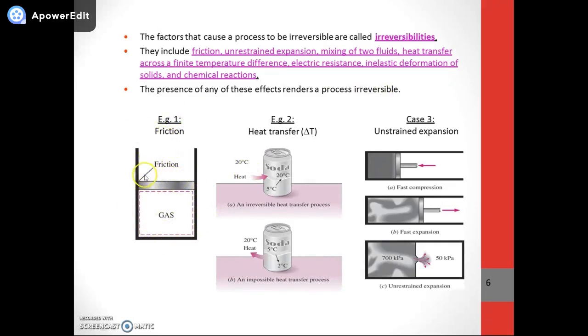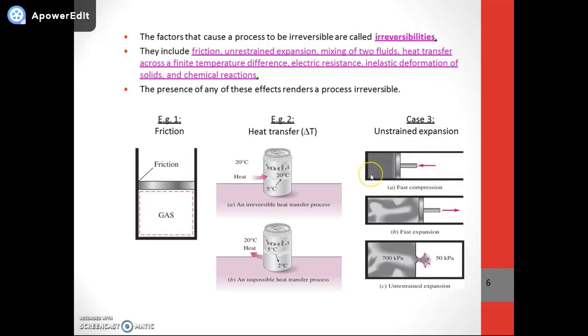So these can cause irreversibilities. So an irreversible heat transfer process, okay, is from higher to lower temperature. So this is an irreversible heat transfer process. And this is an impossible heat transfer process. It is from lower to higher temperature. So this is impossible.